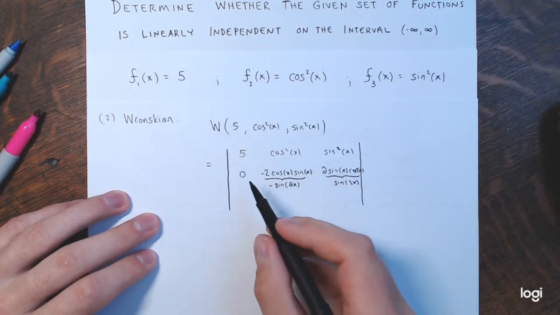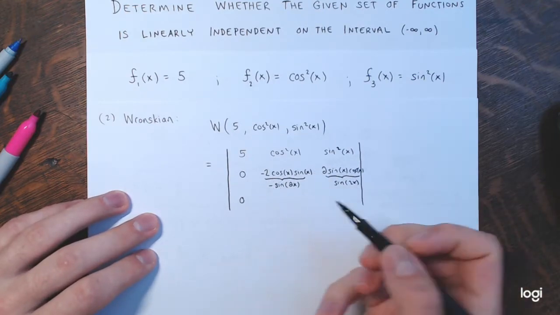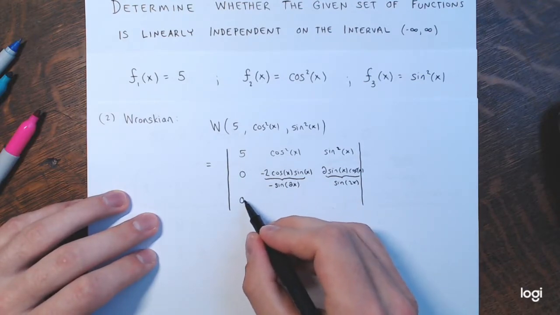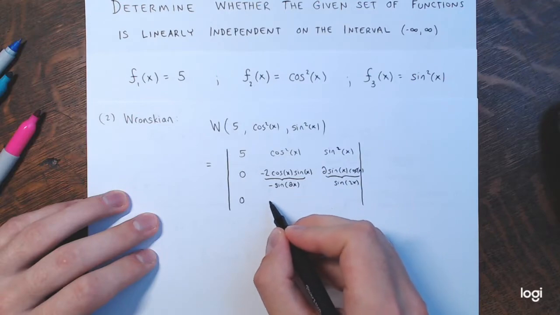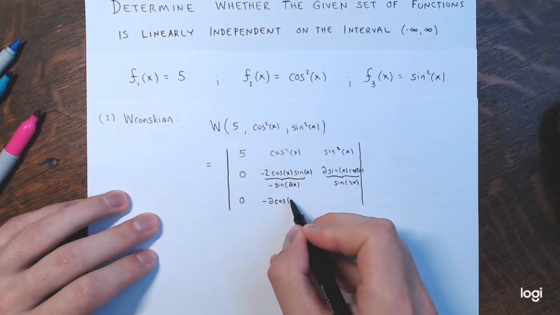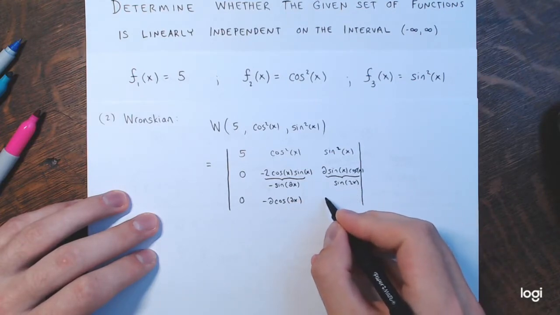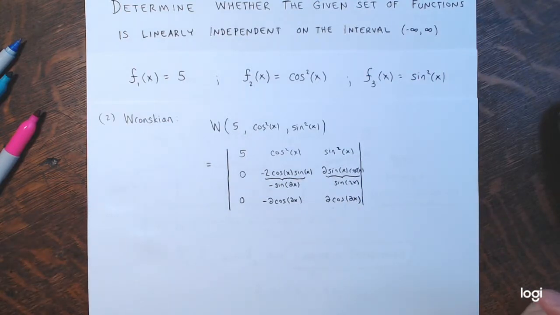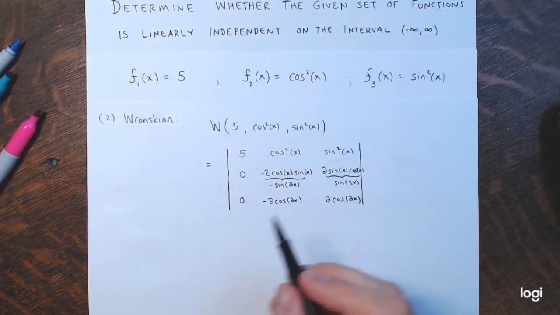And then the final row is the second derivatives. So 0 again, then -2 cosine 2x, and then +2 cosine 2x. All right, and then hopefully you can see that this determinant will be 0 no matter what x is.